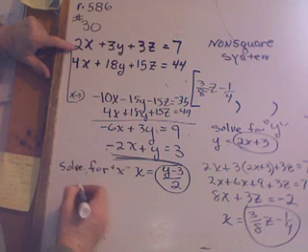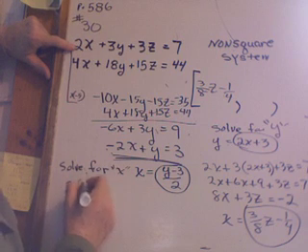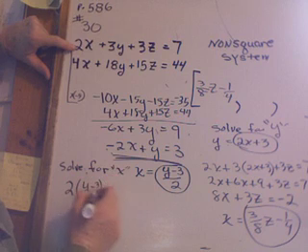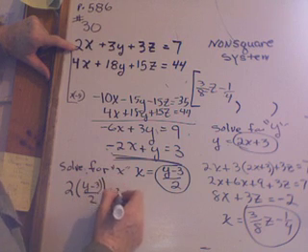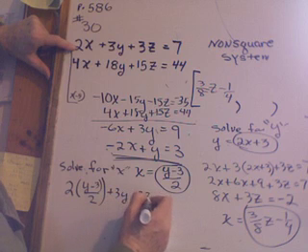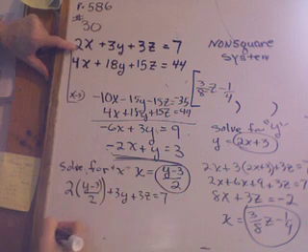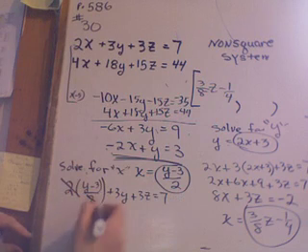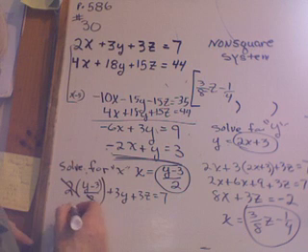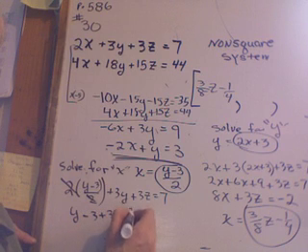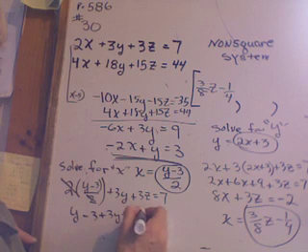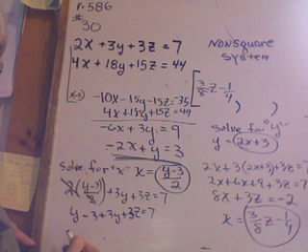So, you with me here? 2 times y minus 3 over 2 plus 3y plus 3z equals 7. Now, I'm going to just simplify that. So y minus 3 plus 3y plus 3z equals 7. And I'm going to solve that for y.